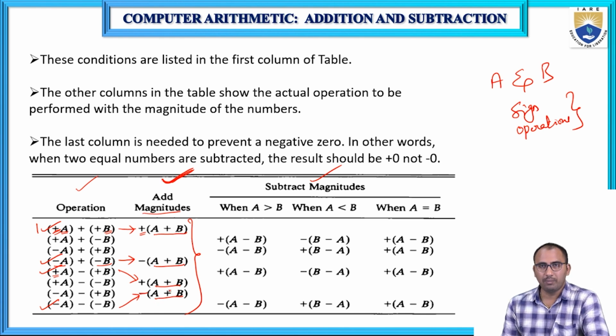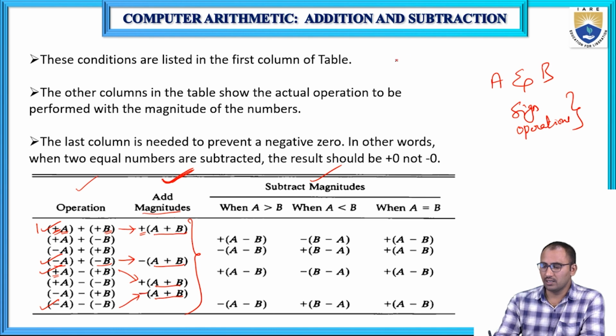And now we are performing subtraction. When we are performing subtraction, the two registers or two numbers have different signs. What are the different signs? That means plus and minus, minus and plus.